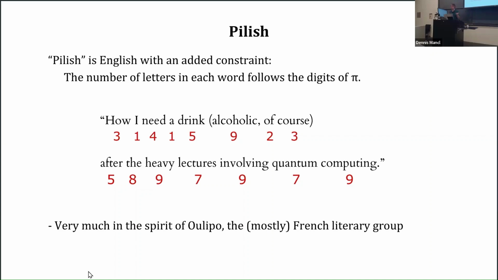And that could be anything. But a simple one is poetry. Poetry itself is a constraint. The language you use, the cadences and so on, but especially the rhymes. That's what everybody thinks of a poem as, something that rhymes. So these next two slides are two really excellent poems that are also Pilish.